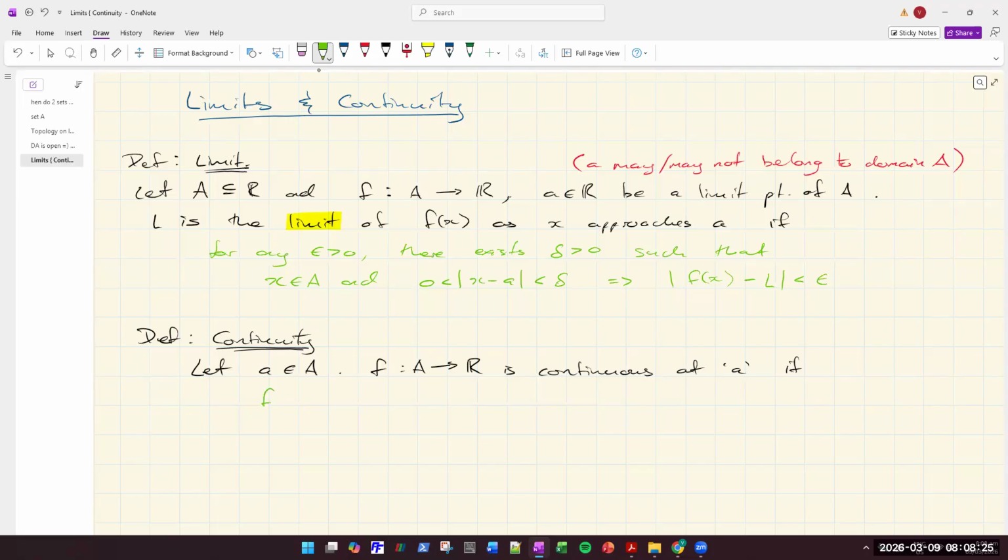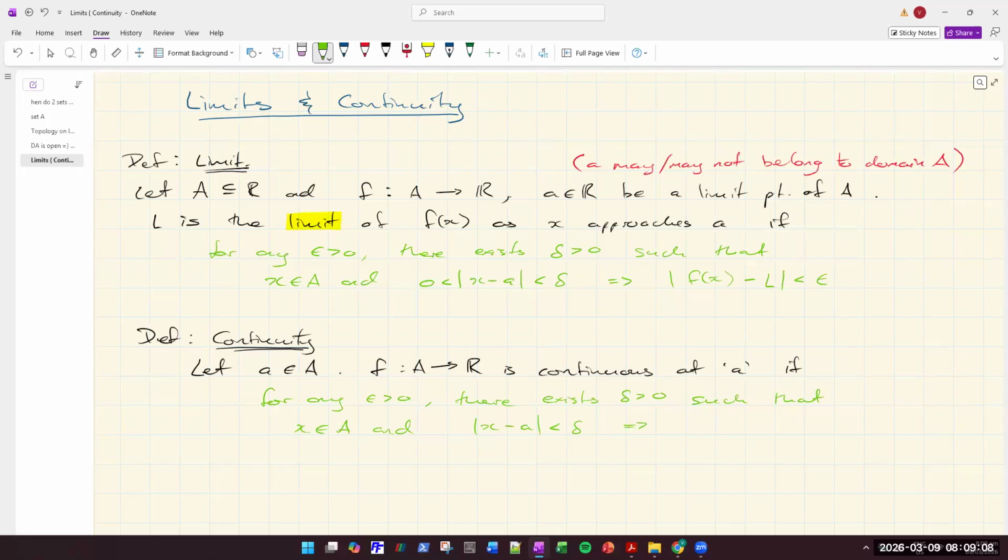So it starts off the same: for any epsilon bigger than 0, there exists a delta bigger than 0, such that if I take any point x belonging to the domain and the distance between it and A is less than delta, and this time you are allowed to take x equal to A because A belongs to the domain, so f of A exists.